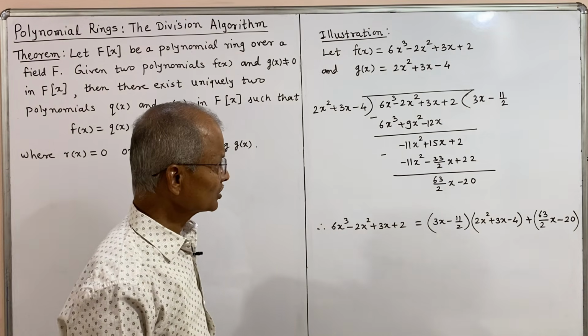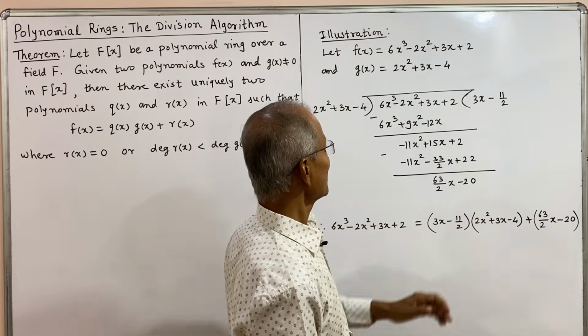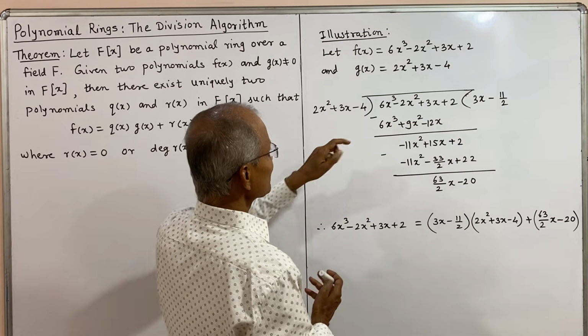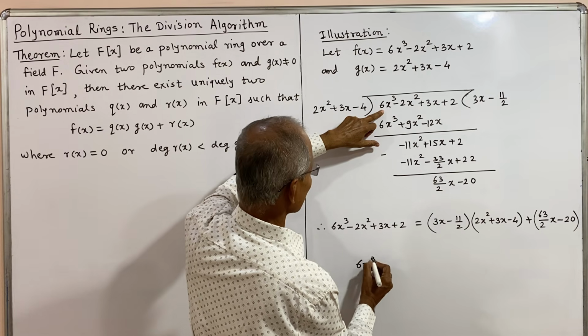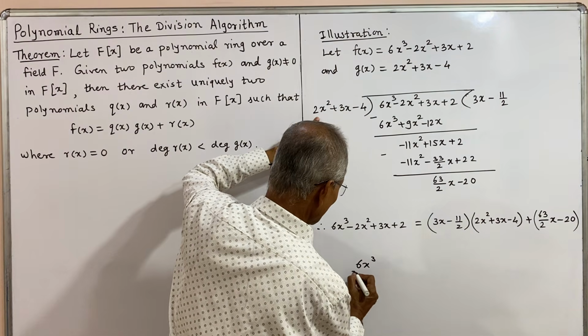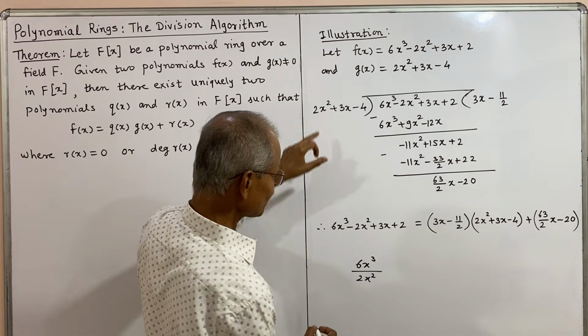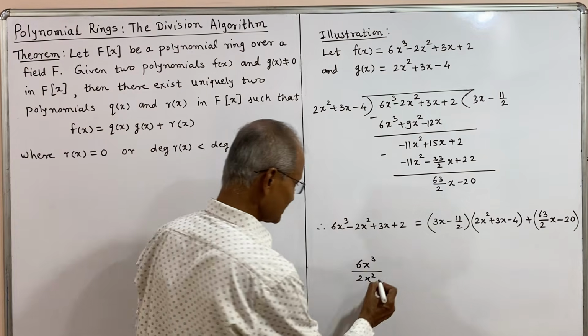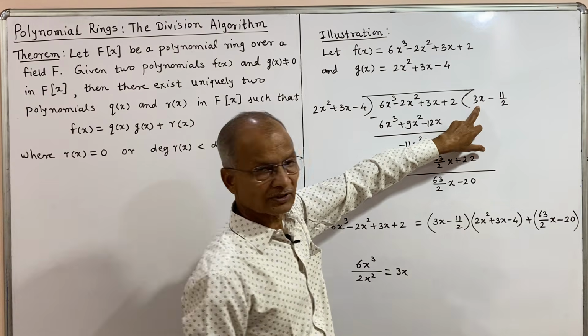Now how is the quotient formed? The first term in the quotient I have written here is 3x. That is easy to get. We divide 6x^3, the first term in f(x), by the first term of g(x), the divisor, and we get 3x, which is the first term in the quotient.